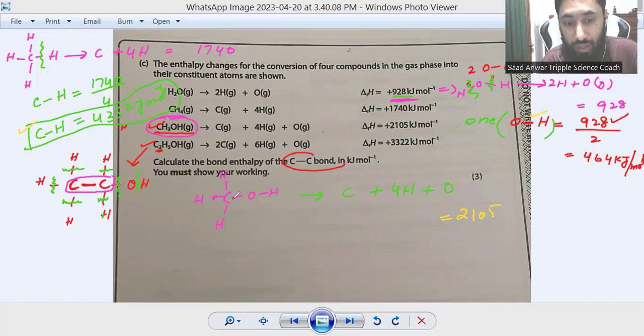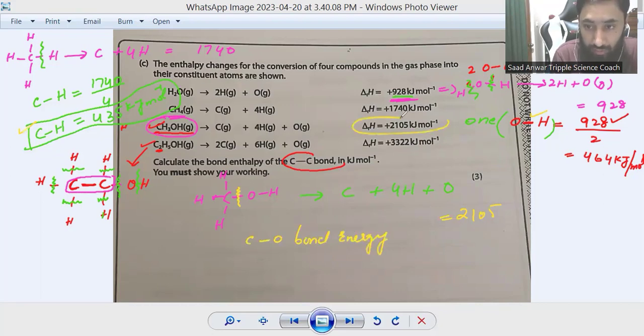So here you can get the carbon-oxygen bond energy. This is the total bond energy: when all the methanol molecules decompose, you get 2105 kilojoule per mole.